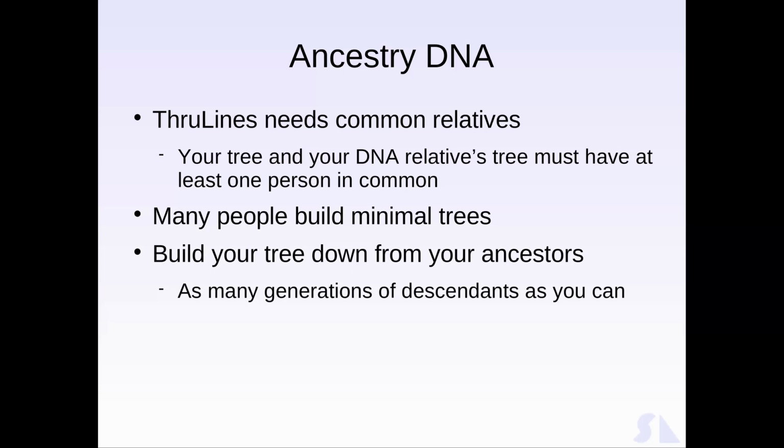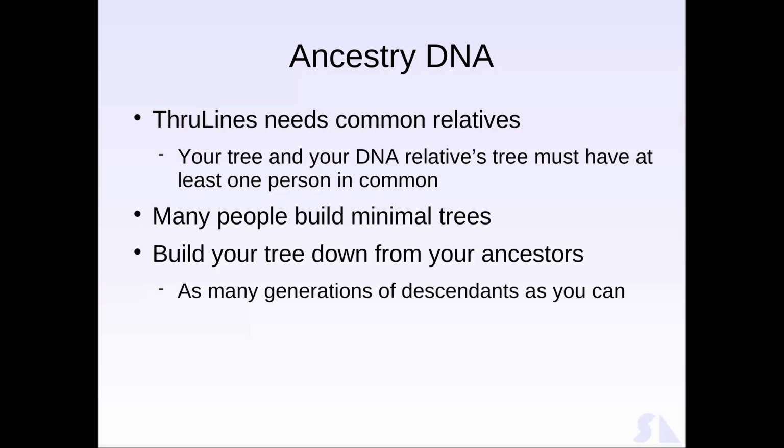But if I go to my ancestors and I build the tree down, in other words, don't just put in their child that is your ancestor, put in all the children of the family, put in the grandchildren, maybe even put in the great-grandchildren. The farther down you build from your ancestors, the more likely you are to get a match through the ThruLines. So I recommend that not only do you build your tree with your ancestors, but take all of your ancestors and come back down.